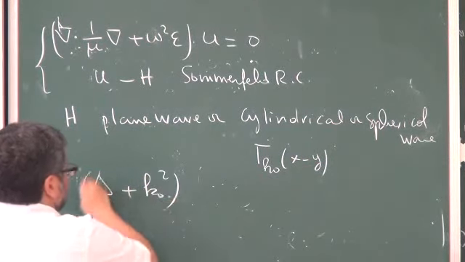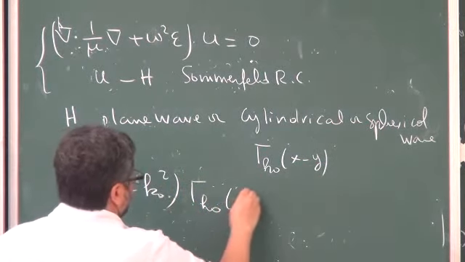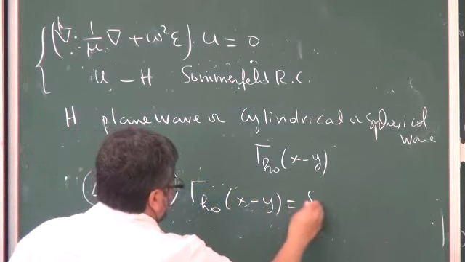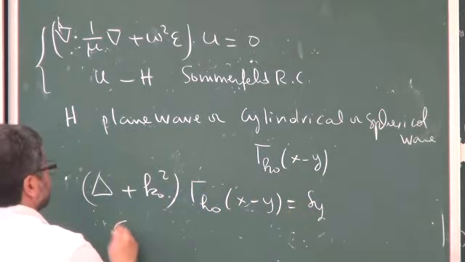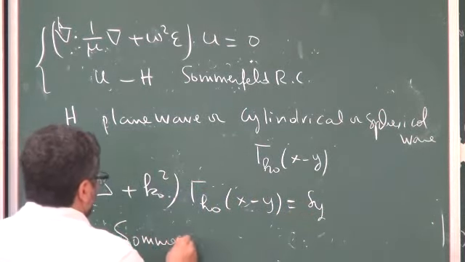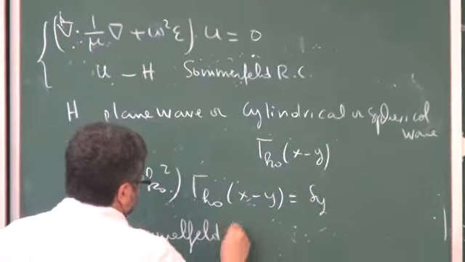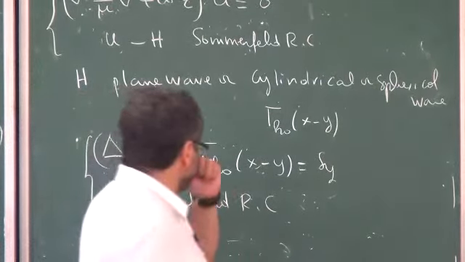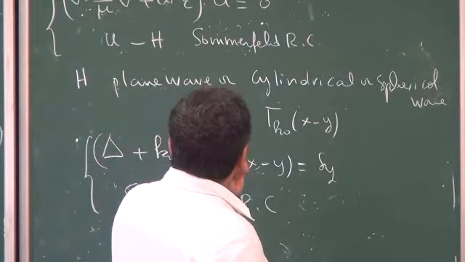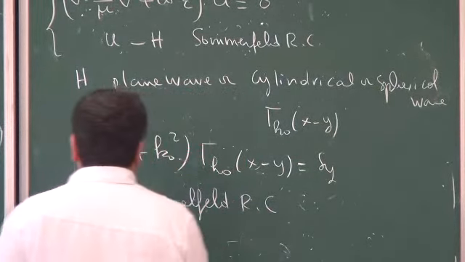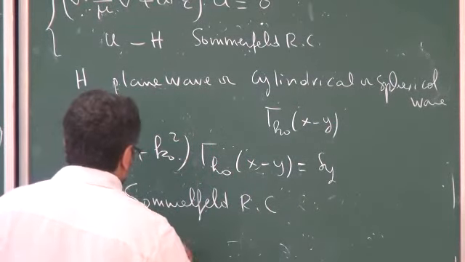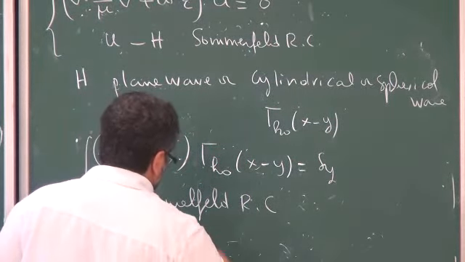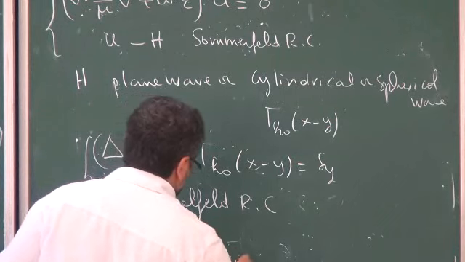It satisfies Laplacian plus k0 squared of gamma k0 of x minus y equals delta y, and it satisfies the Sommerfeld radiation condition. It's explicit. K0 is the frequency times the square root of epsilon 0 mu 0.